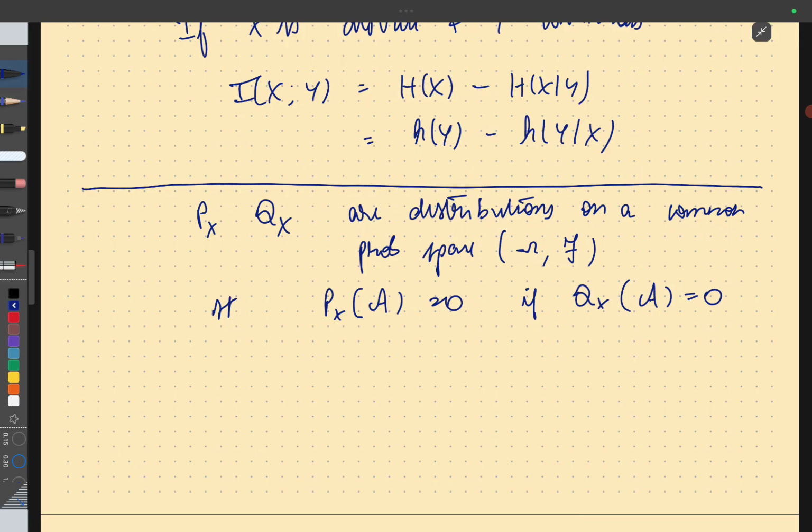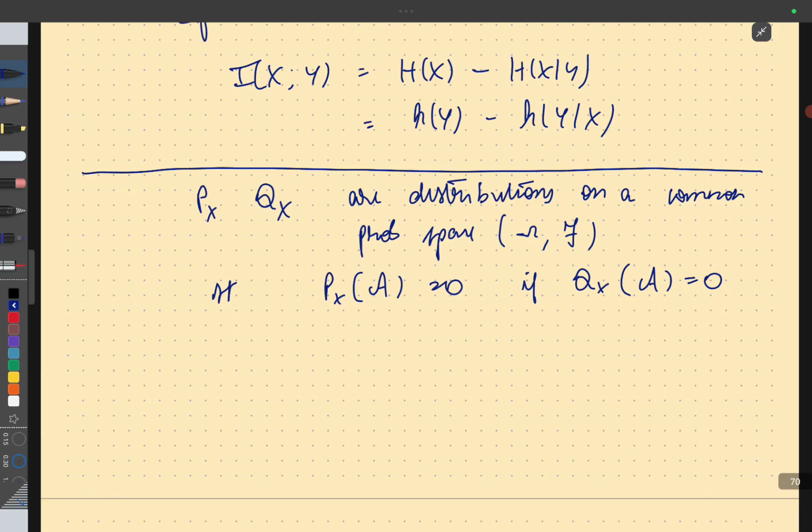So there's no event A for which qx of A is equal to 0 and px of A is non-zero. This is a pair of probability distributions corresponding to some experiment or some probability space, formally speaking.